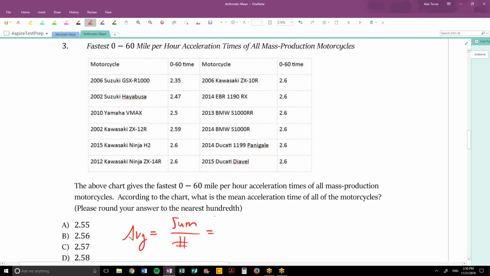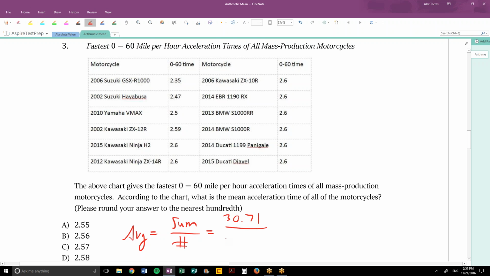To get the sum, we add all the numbers: 2.35 plus 2.47 plus 2.5 plus 2.59 plus 2.6, and then we have several more 2.6s. The sum, if I didn't get confused by all the 2.6s, is 30.71.